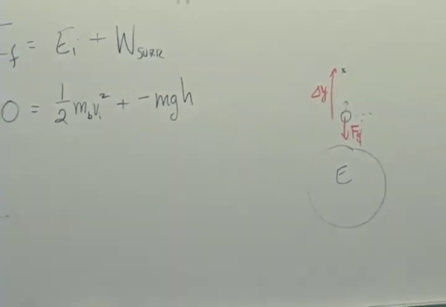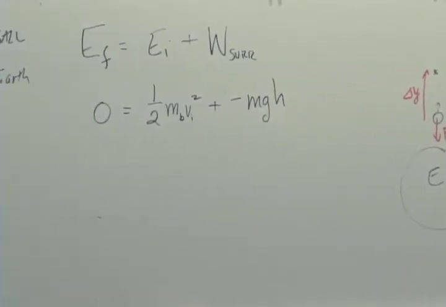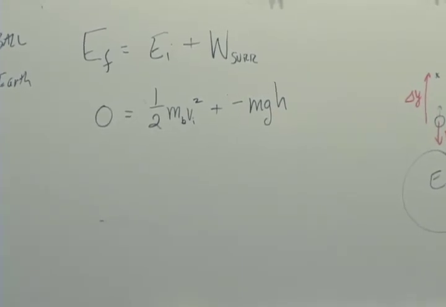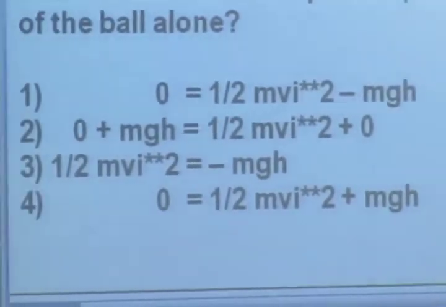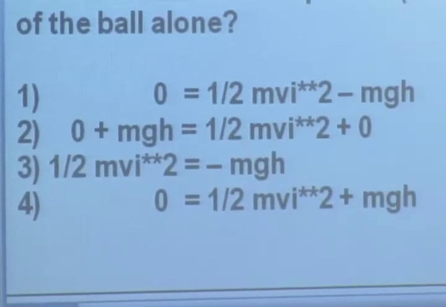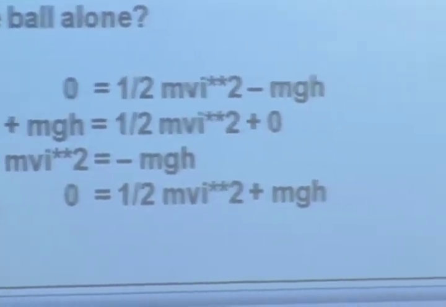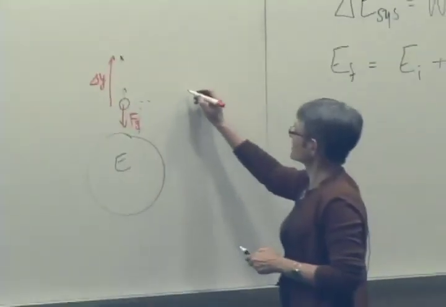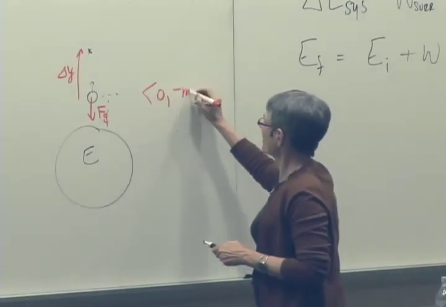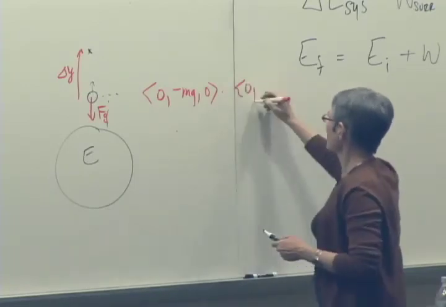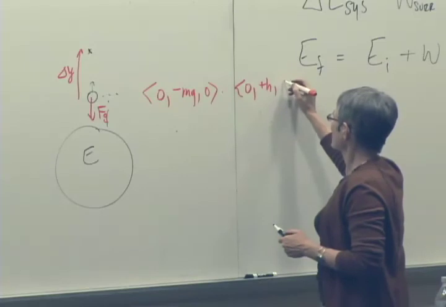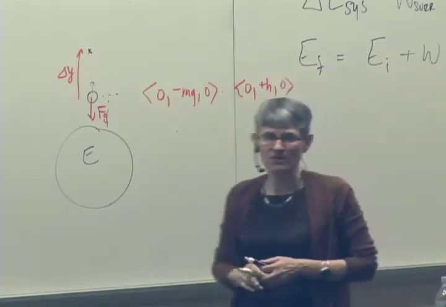So that looks like equation 1. Equation 4 looks like you were sloppy about the sign of work, which is always bad because you're going to have the ball going faster after it's gone up 3 feet. So to be careful, you really might want to write things as a vector. So we have 0, minus mg, 0 times 0, delta y, 0, which is 0, h, 0. We get this negative work.